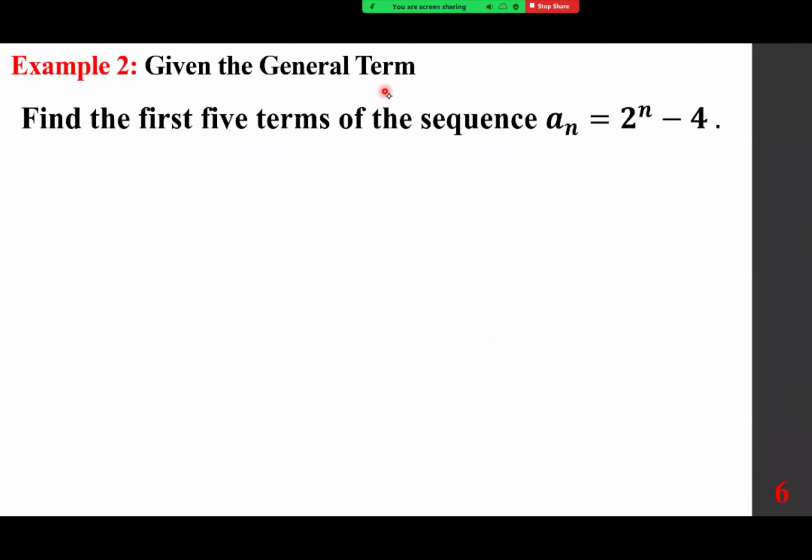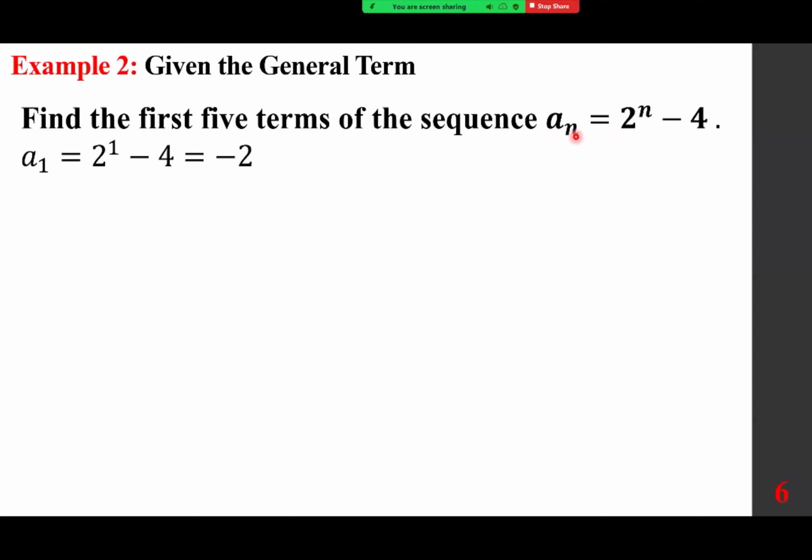Given the general term, find the first 5 terms of the sequence. A sub n is 2 to the power of n minus 4. We start with number 1. So what is A sub 1? We put 2 to the power of 1 minus 4. And that's negative 2. What is A sub 2?